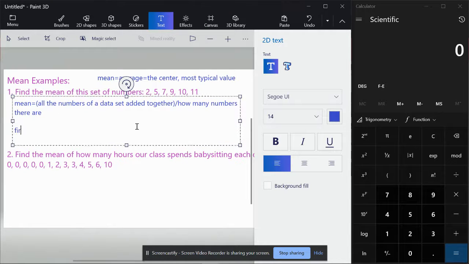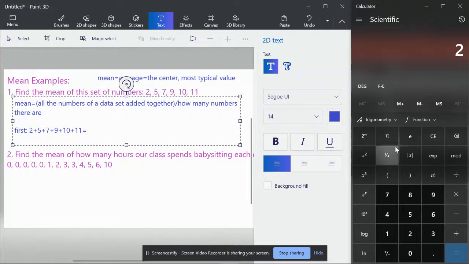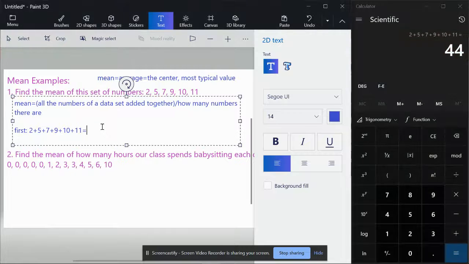So first, we're going to do 2 plus 5 plus 7 plus 9 plus 10 plus 11, which gives us 44. And then, second, we have to do 44 divided by how many numbers there are.